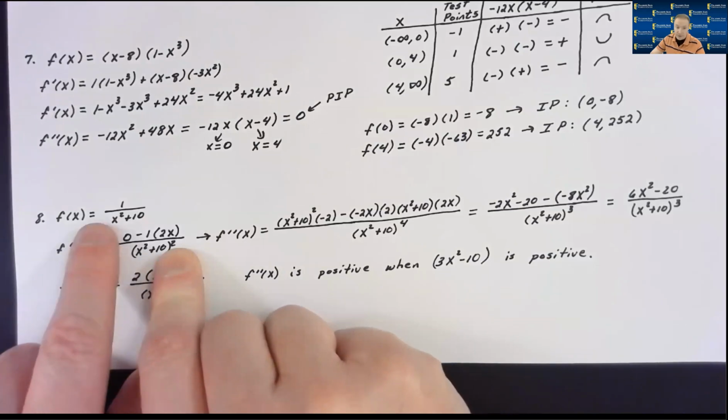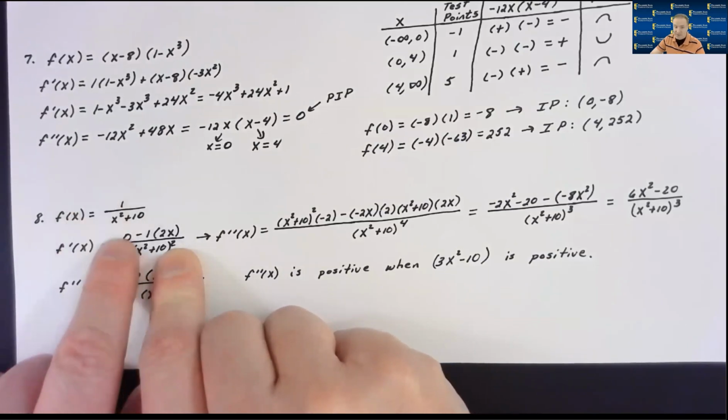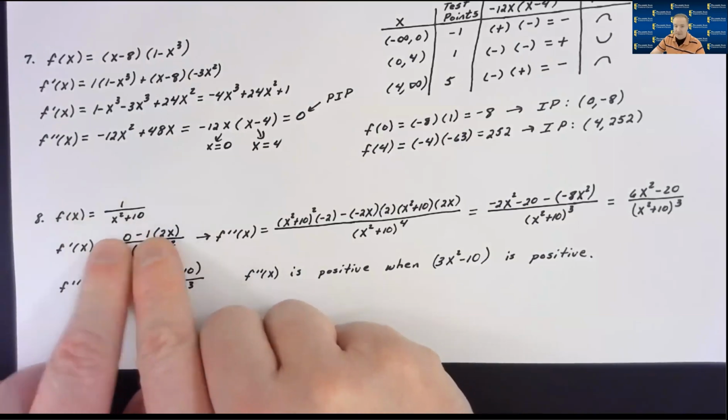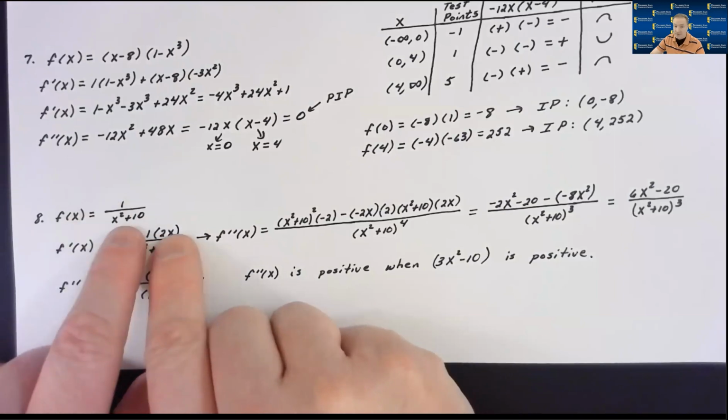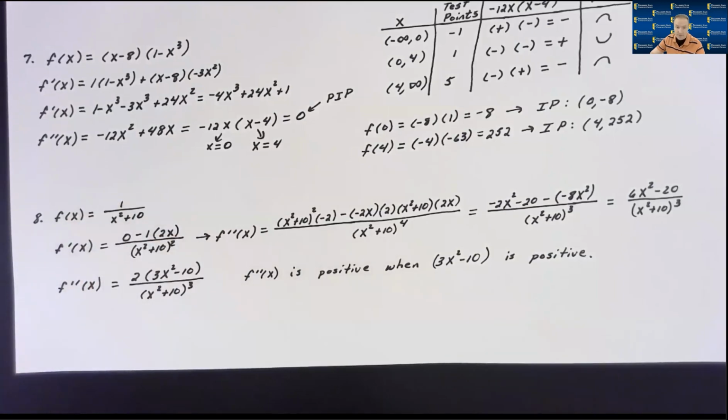So I would bring the denominator up to the numerator, but times the derivative of the numerator, which is 0. So all of that first term is 0. Then you say minus the numerator 1 times the derivative of the denominator. That's derivative of x squared is 2x.